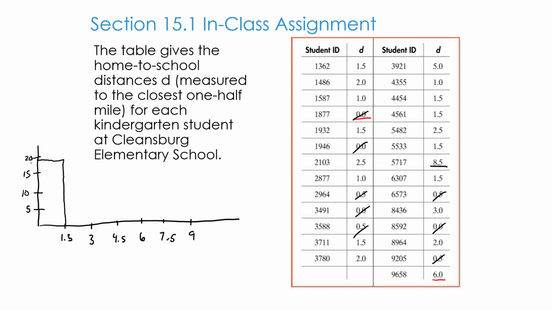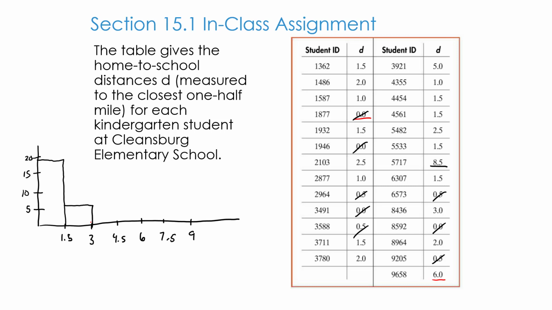And now from 1.5 to 3, not including the 1.5 because the 1.5 was in the first bar, we have 2, 2.5, or 3. So we have 1, 2, 3, 4, 5, 6. And then from 3 to 4.5, not including the 3, so that'd be 3.5, 4, and 4.5.